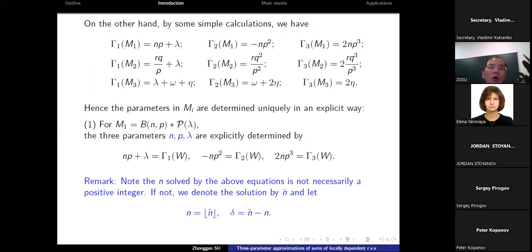And on the other hand, by some simple calculation, we have the following factorial cumulants for Mi.